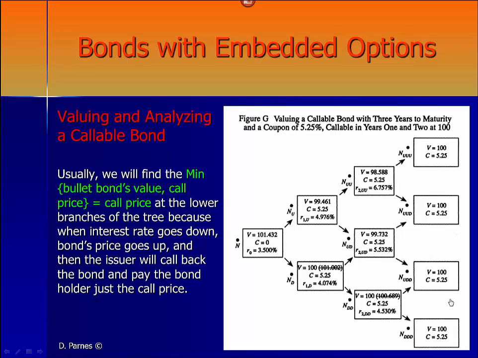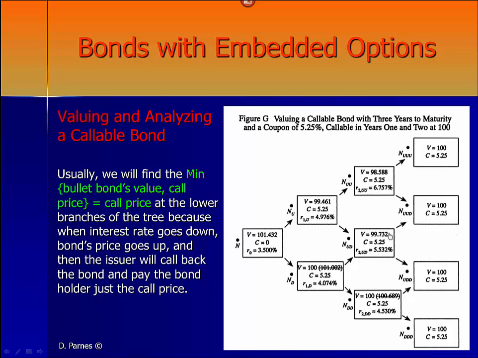But the additional complexity here is that on each and every node, you also need to make sure that it does not exceed 100. It is a callable bond, so for each and every valuation you need to take the minimum between the actual valuation and the 100. Over here, the valuation will stay the same because it's already below $100. Over here, same thing.